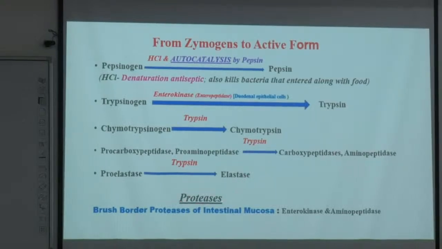And in the intestine, we have the brush border. See, if you look at the inside of your lip, you will see that the mucous membrane is continuous. It is not wrinkled. But in the stomach, that mucous membrane is wrinkled. That is called rugosity.